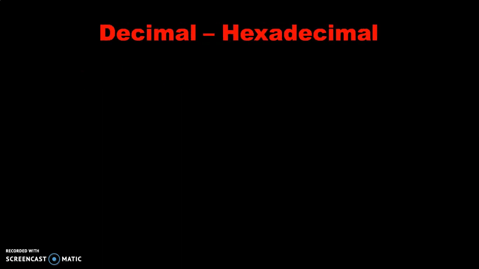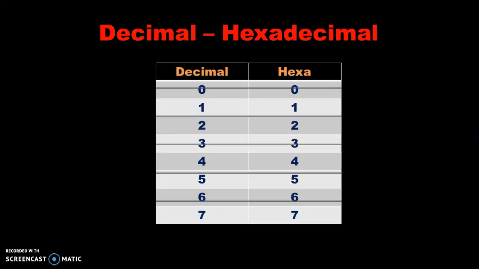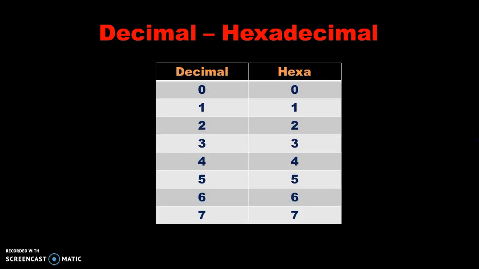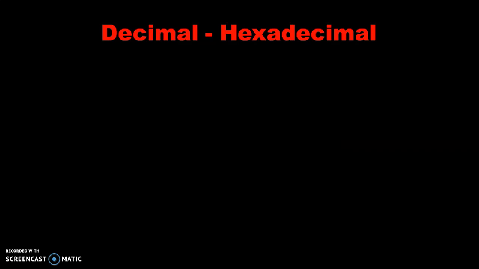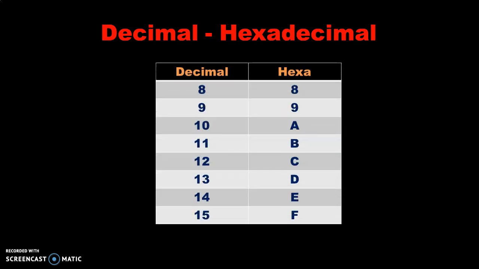Now let us understand decimal numbers and the equivalent hexadecimal numbers. In case of decimal, we have 0, 1, 2, 3, 4, 5, 6 and 7. In the same way in hexadecimal, the equivalent number is exactly similar, that is 0, 1, 2, 3, 4, 5, 6 and 7. Up to 9, in case of decimal, we have numbers up to 9, so in hexadecimal also we have a similar equivalent number up to 9.